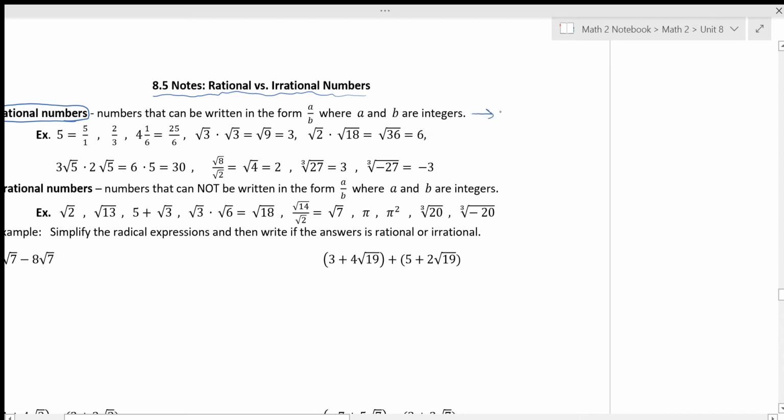For example, rational numbers are integers, they are fractions, fractions that are terminating decimals, or repeating decimals.